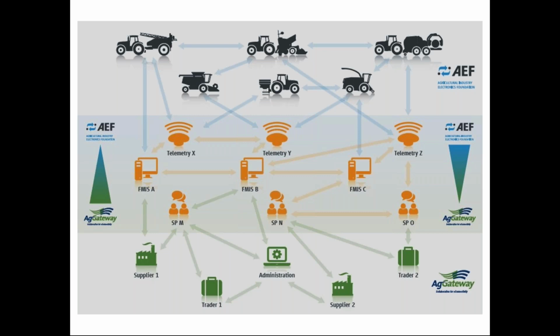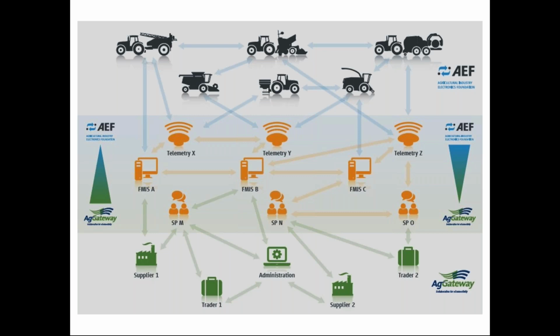In the middle, there's a combination of ISOBUS and ADAPT type solutions for field operations data, and that's where the telematics is broadcasting that information into FMISs, and when you need to transport between FMISs, that's where ADAPT becomes much more of a solution.